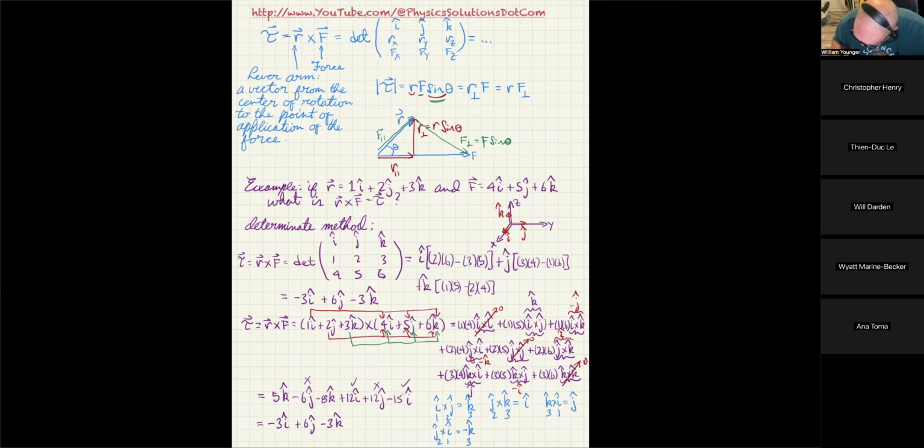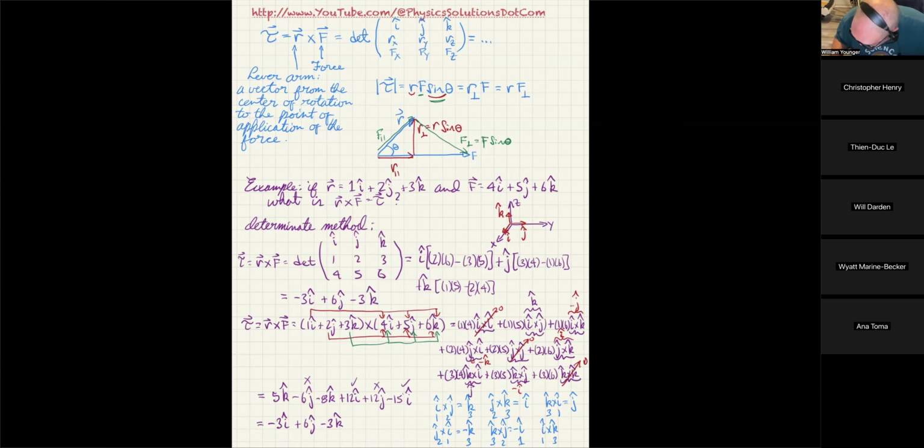Similarly, if I switch these two, k hat cross j hat, that is 3, 2, which isn't a cyclic permutation, so I'm going to get a negative i hat because that's got to be the 1. And then finally, if I do i hat cross k hat, you see that that is 1 with 3.